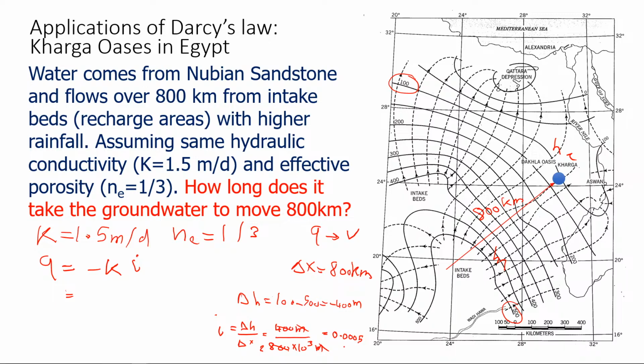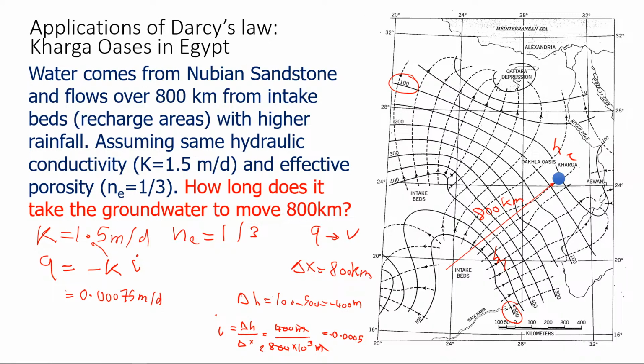So your I is negative. Then you multiply K by I, and I got a Q of 0.0000 something, 75 meters per day. That's the Q that I have.